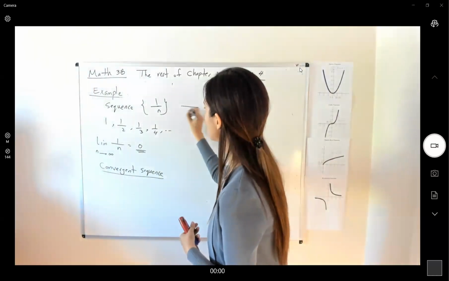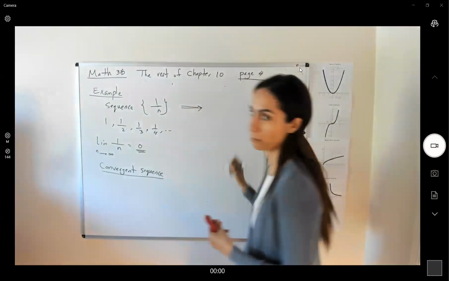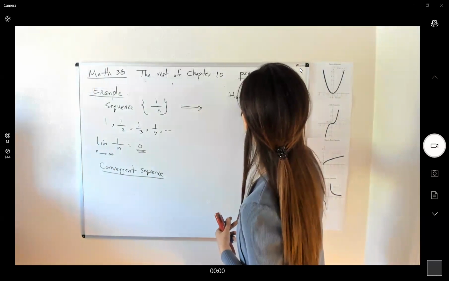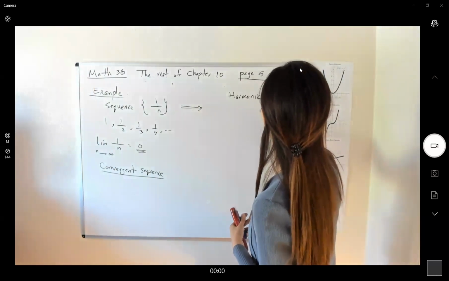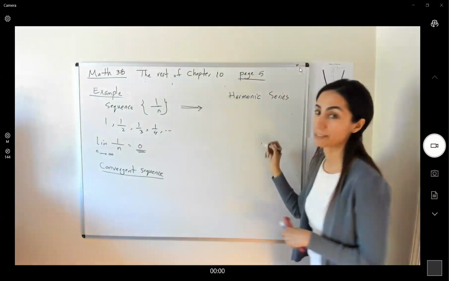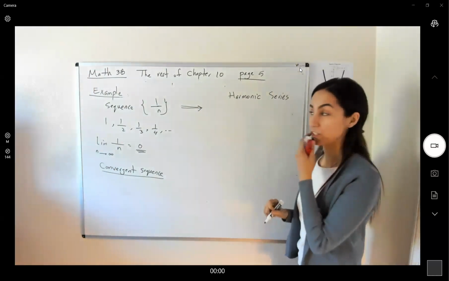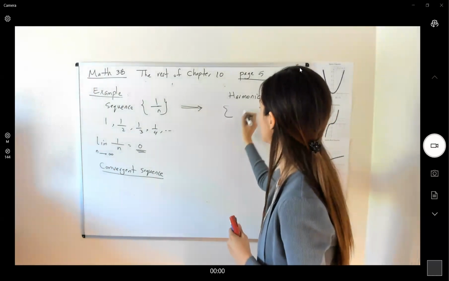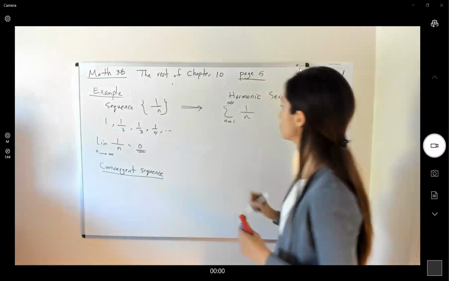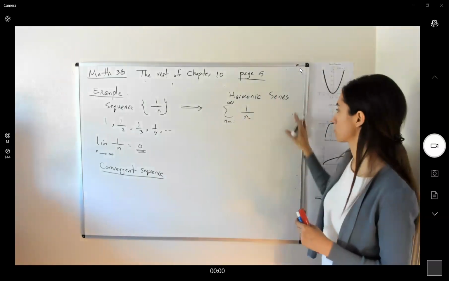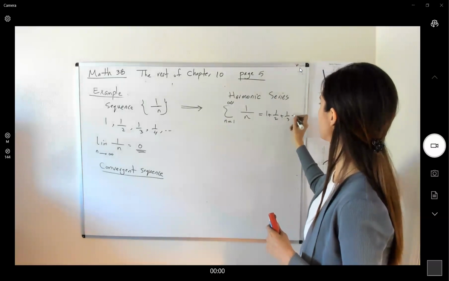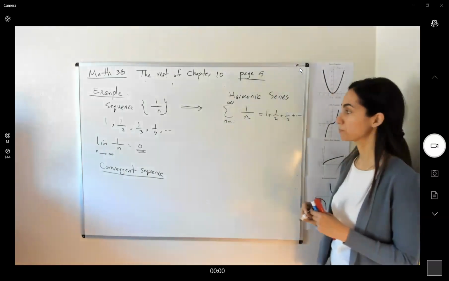So we're interested in forming a series. We're going to use this sequence and form a harmonic series. What is interesting about this series is that it is a divergent series. So you have the series 1 over n, n starts from 1 and goes to infinity. This is 1 plus a half plus a third plus the rest of the terms.